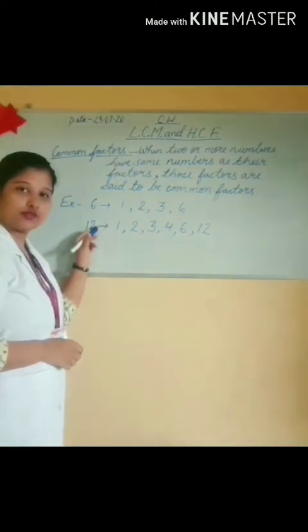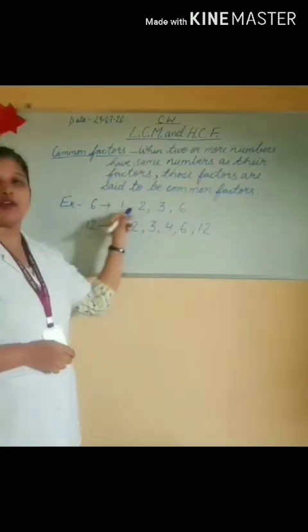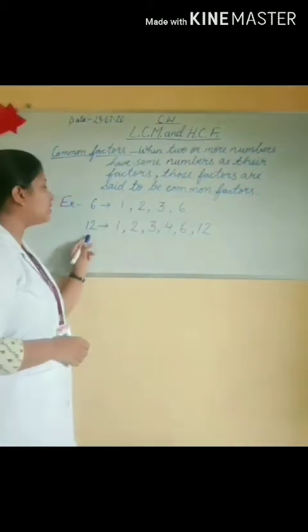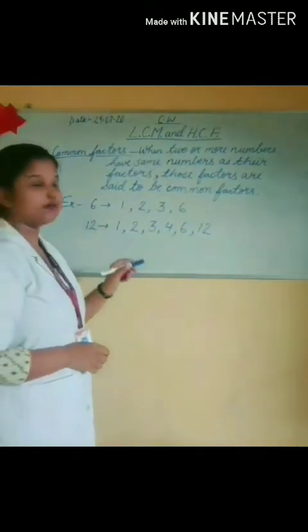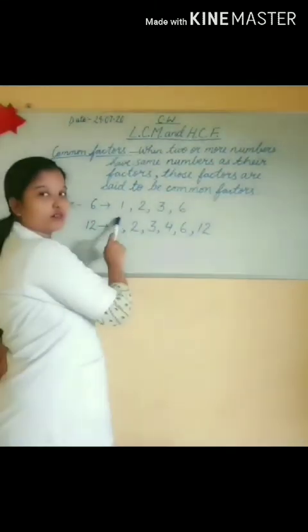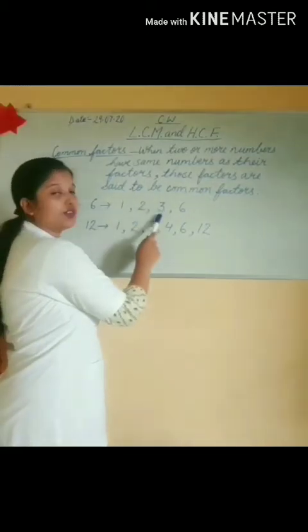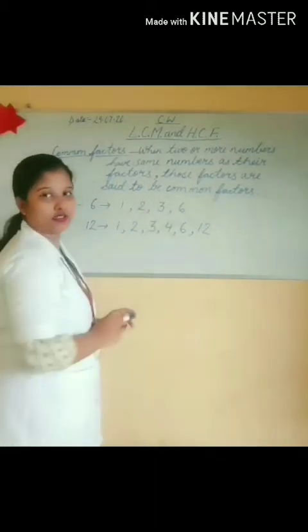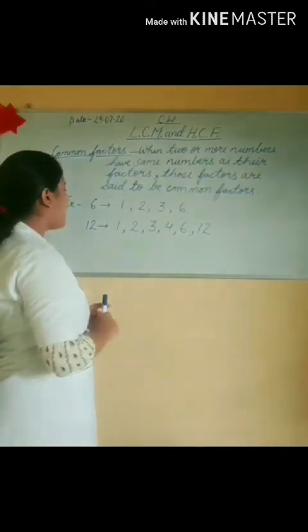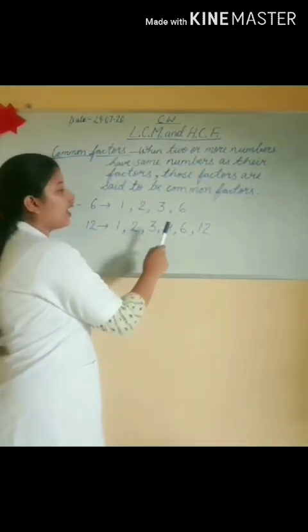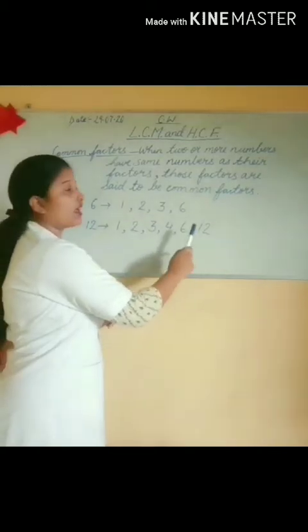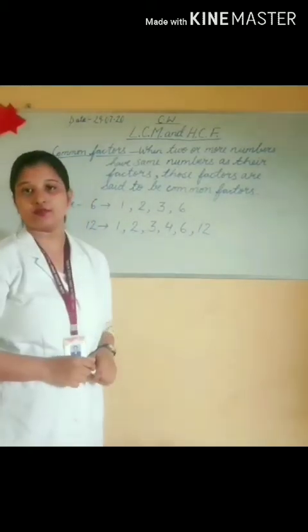We will write all the factors of 6 and all the factors of 12. Factors of 6 are 1, 2, 3 and 6. Factors of 12 are 1, 2, 3, 4, 6 and 12.